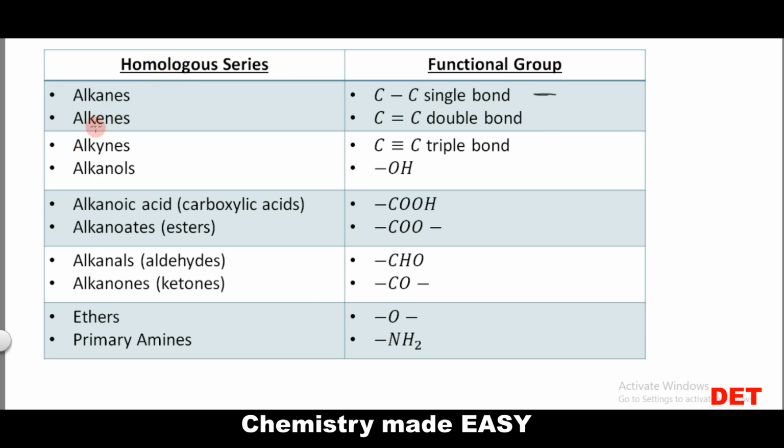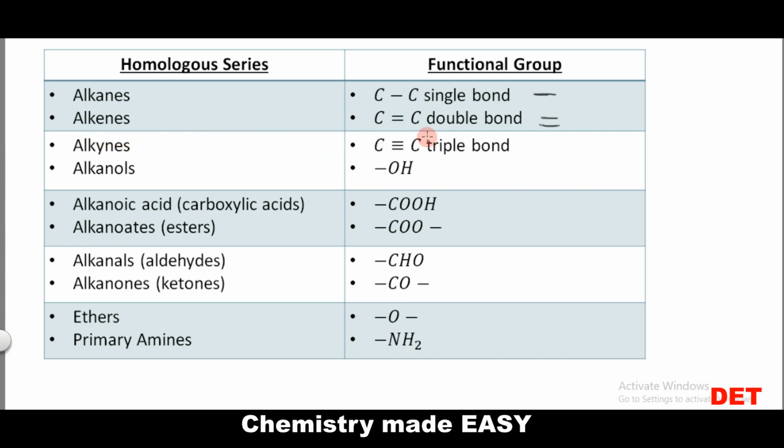The functional group of the alkene is what? The carbon to carbon double bond. That is peculiar to that homologous series, and that is what determines the main chemical properties of the alkene. The next homologous series that we have is the alkynes.